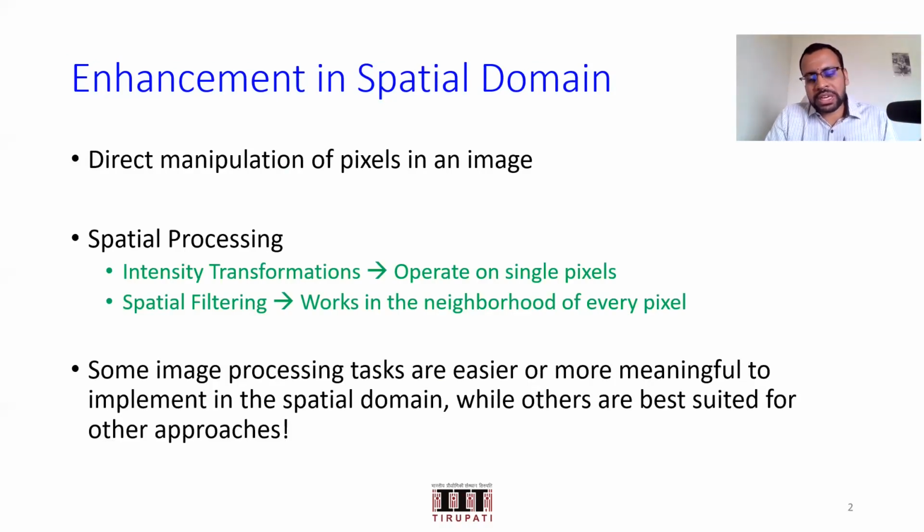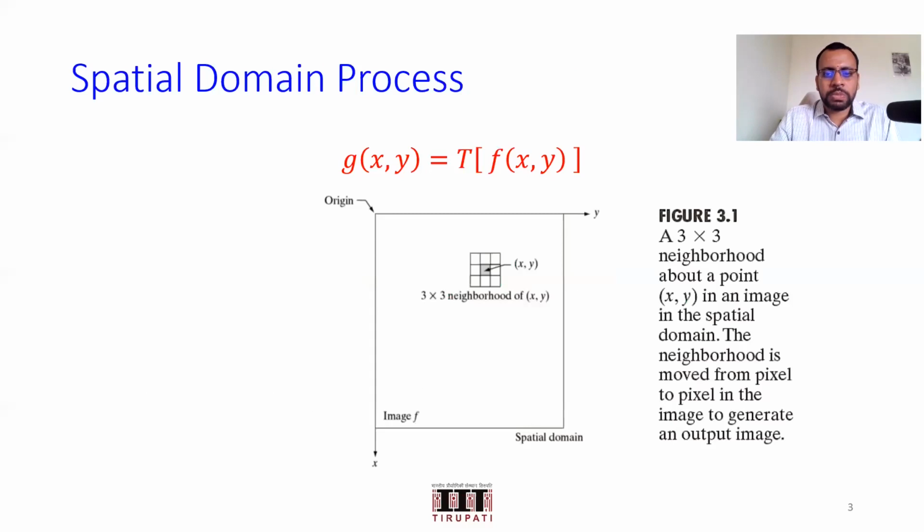You could perform these enhancements either in the spatial domain or in the frequency domain. As we were discussing in the previous classes, some types of enhancements are convenient and effective when you do them in the spatial domain, and some in the frequency domain. So we will start looking into the spatial domain enhancements of an image.